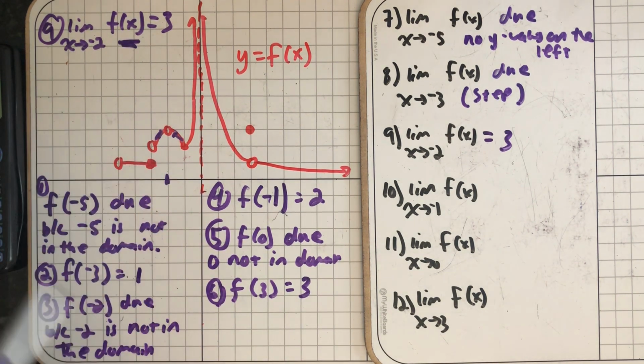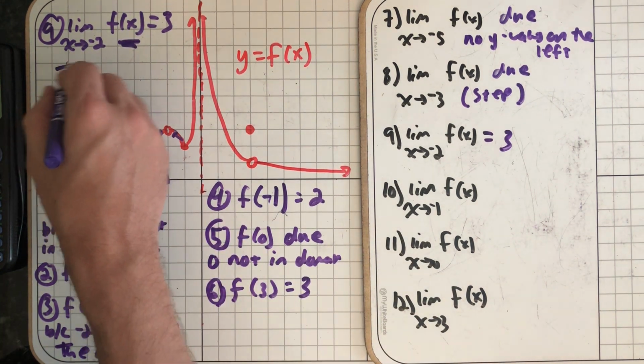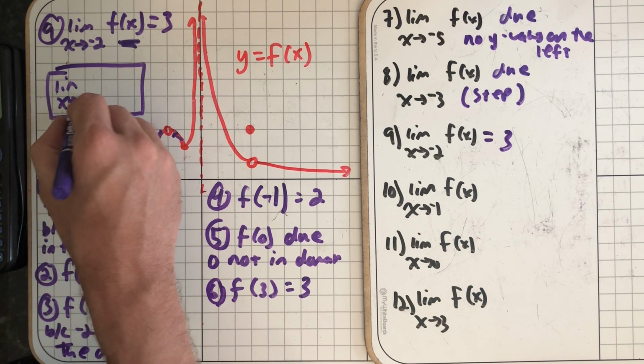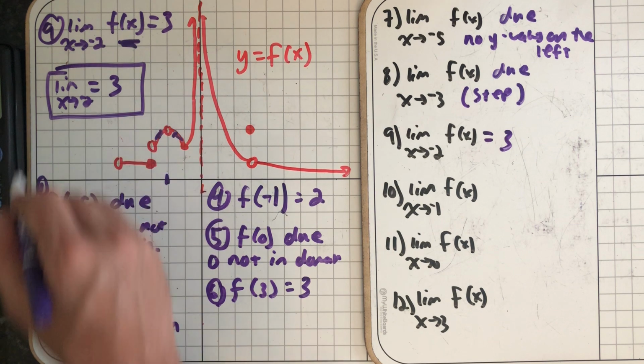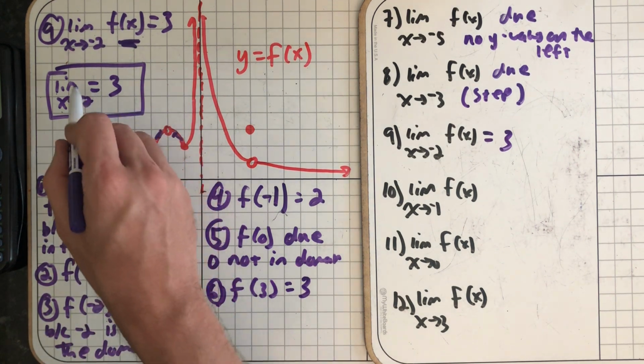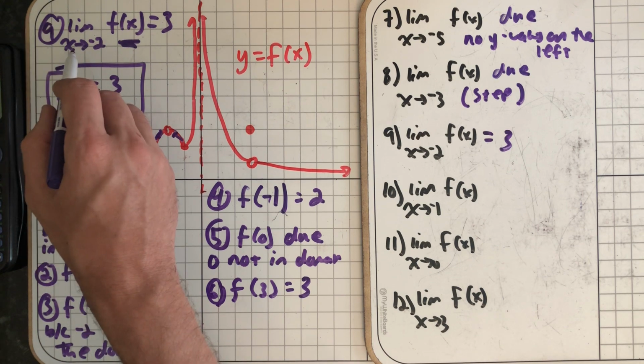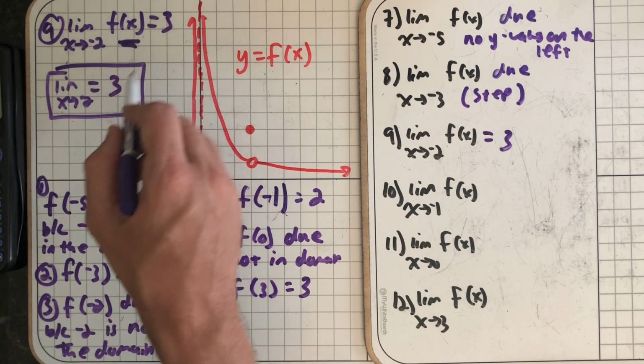Students have this tendency to leave out the function there and write limit as x approaches minus 2 equal 3. Do not do this, ever. This statement has no meaning. Without a function in there, this is meaningless. This is supposed to say the limit as x approaches minus 2 of f of x is equal to 3.